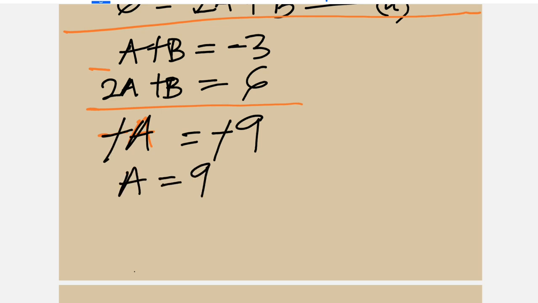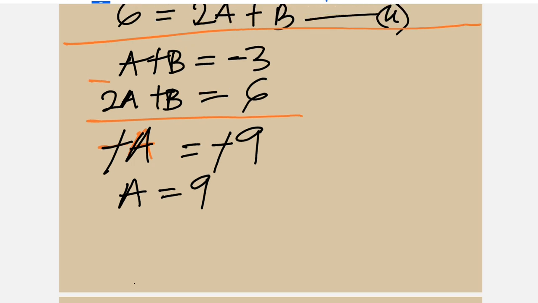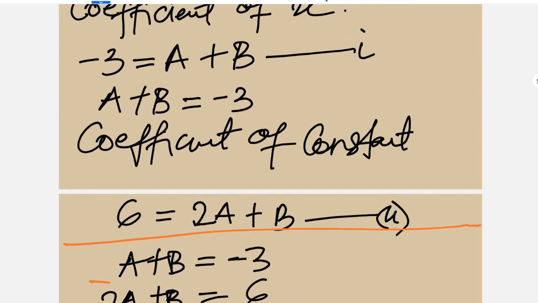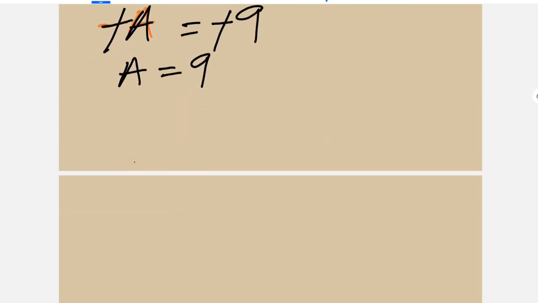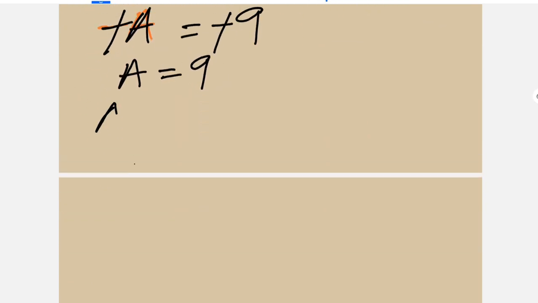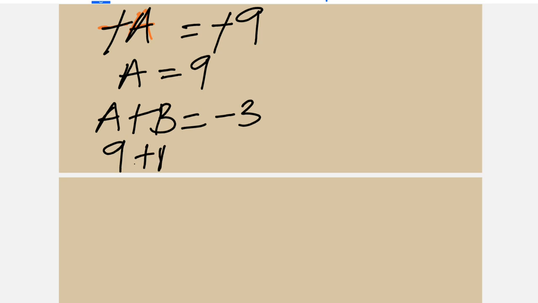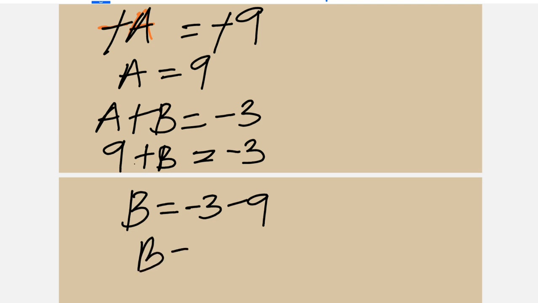So if a is equal to 9, let's find b from the equation a plus b is equal to minus 3. So 9 plus b is equal to minus 3, therefore b is equal to minus 3 minus 9. So b is equal to minus 12.